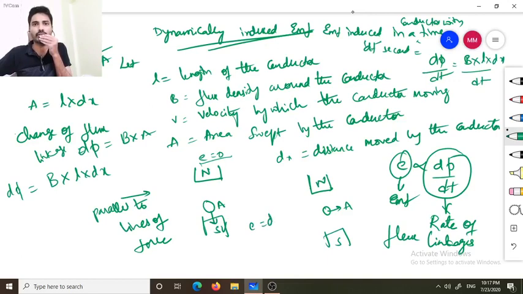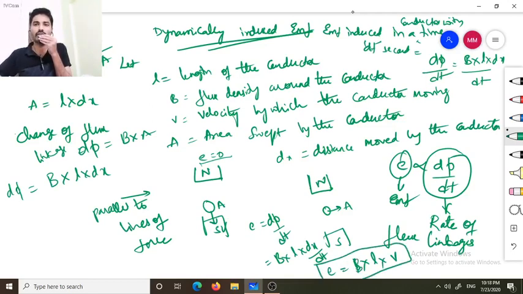So E is equal to d phi by dt, which is equal to B into L into dx by dt. Dx by dt is nothing but velocity: displacement by time, distance by time is velocity. So E is equal to BLv.